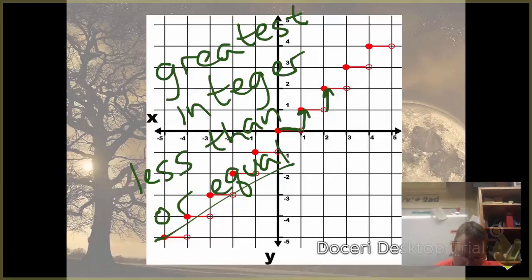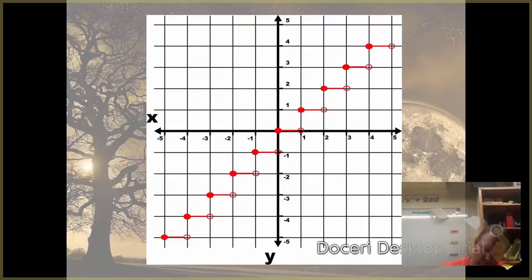So between 0 and 0.99999 whatever stays at 0. As soon as it hits 1, it bumps up to here.